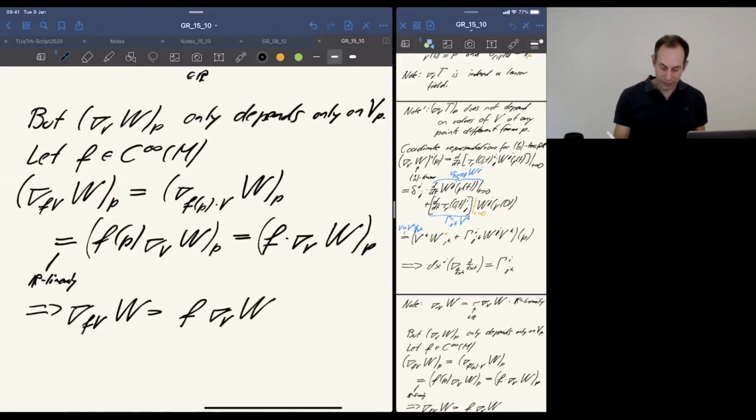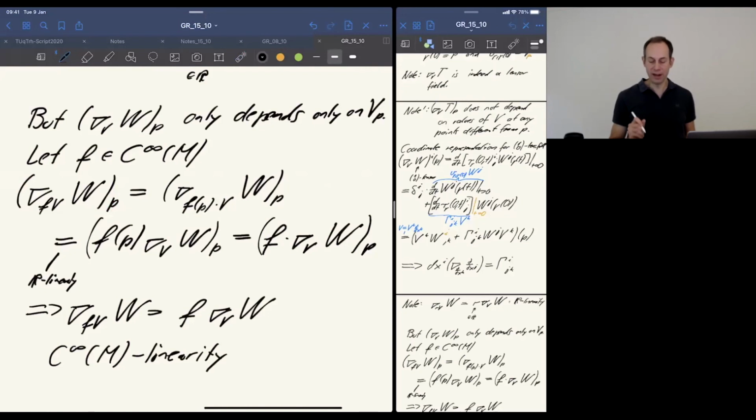And this means that it's not only R linear, but it's C infinity M linear. So that's what C infinity M linearity means of this argument, of this thing here.